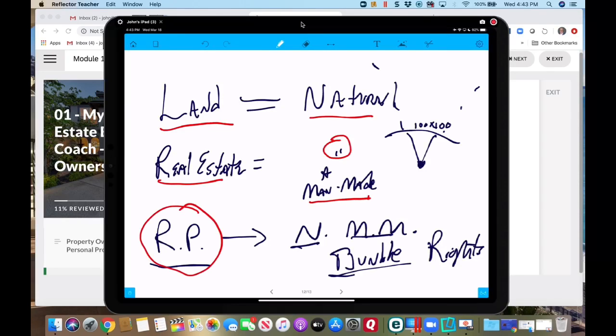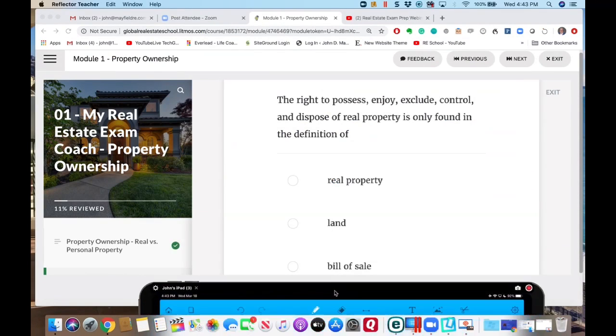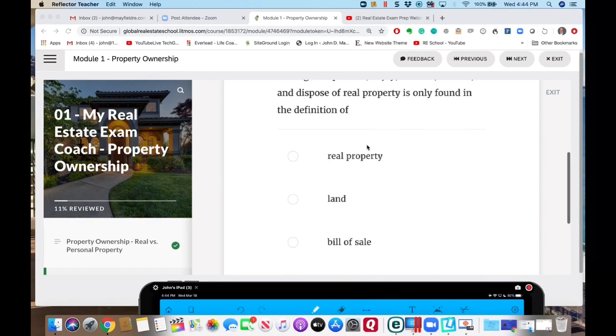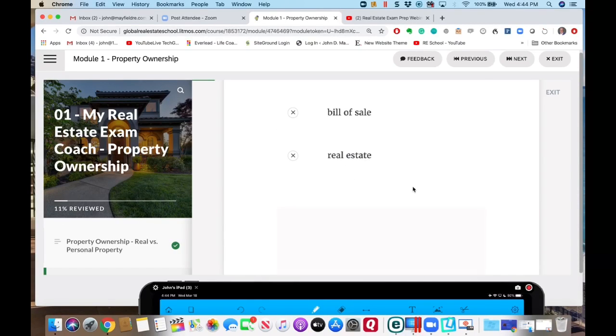Real property, natural, man-made, and this thing right here called the bundle of legal rights. So if we look back at this question, the right to possess, enjoy, exclude, control, and dispose is only found in what? It is found in real property.